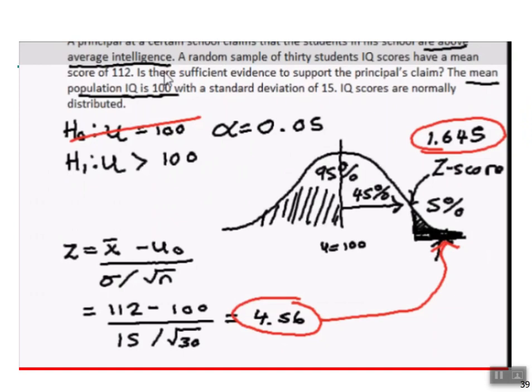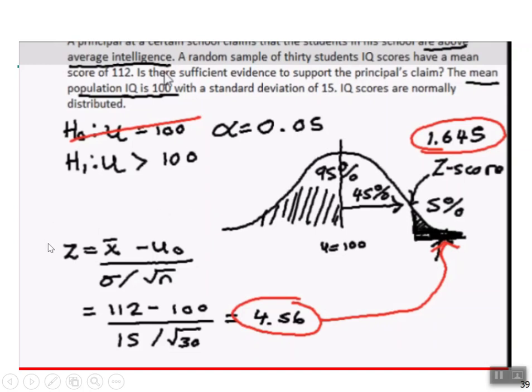So let's run a real example I took from a tutorial. In this example, we have IQ scores. We sampled 30 students and found the average IQ score is 112. And we know the population's IQ score is 100, and the population standard deviation is 15.